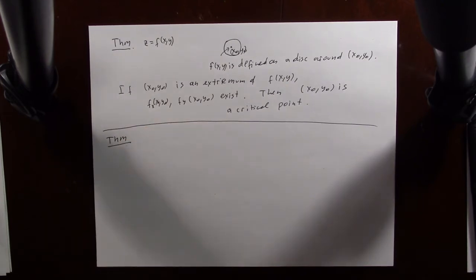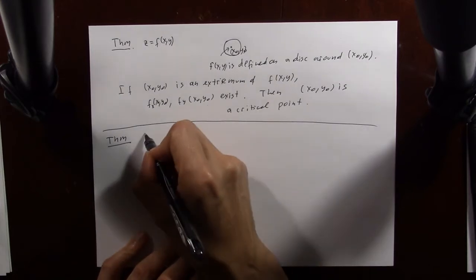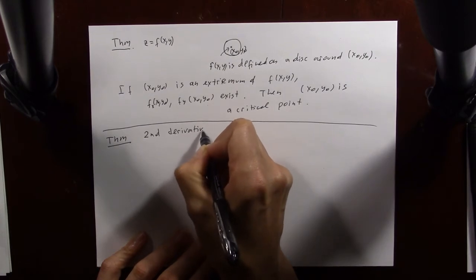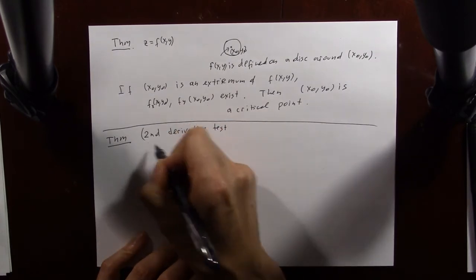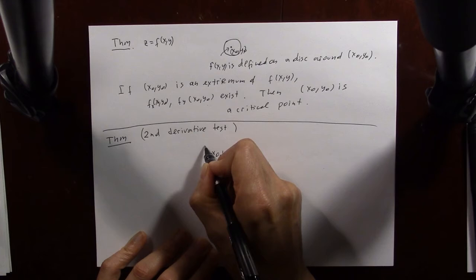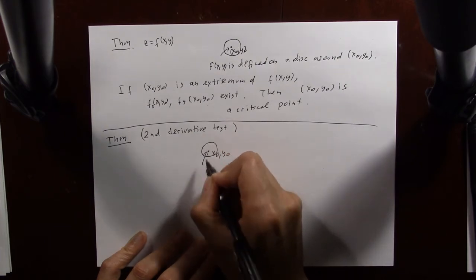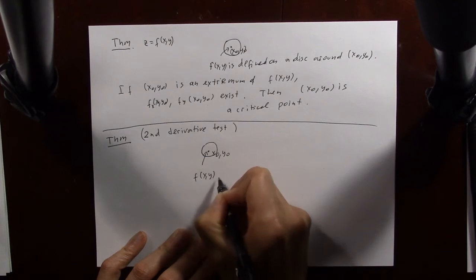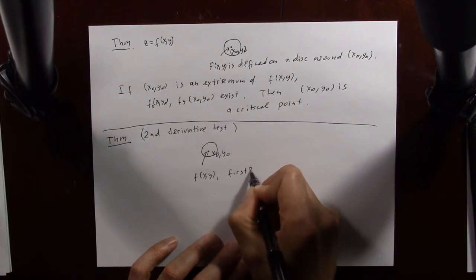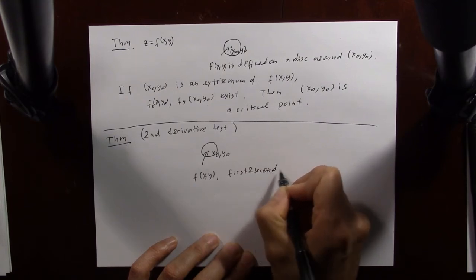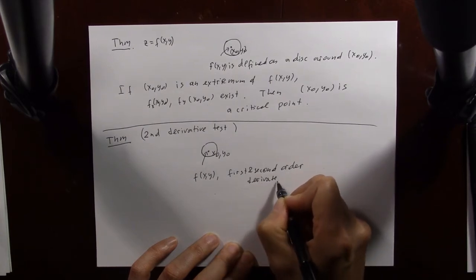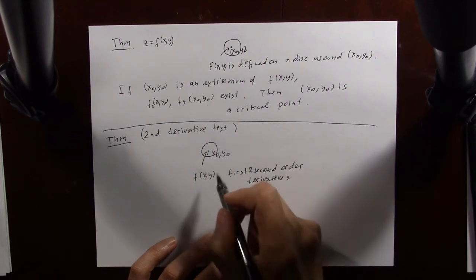classify critical points. Theorem, second derivative test. We have x0, y0 and a disk around it, and we assume that function f of x, y has first and second order derivatives defined on the disk.